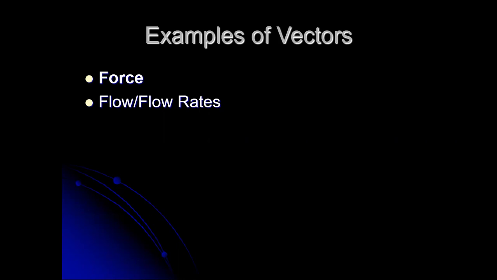It also certainly matters what direction it's going in. If you've got a sewer pipe going from your house to your sewer, you certainly hope it's going in the direction away from the house. When it switches direction, bad things happen. So flow and flow rates have direction information in them.